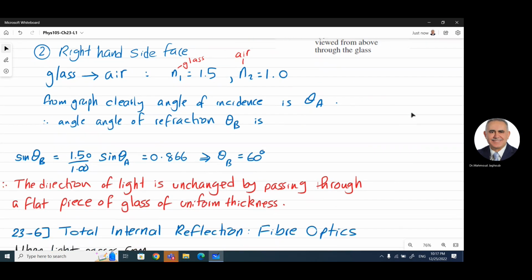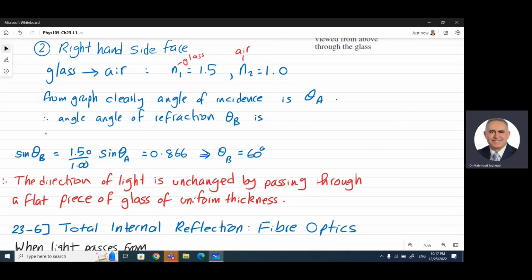Okay. So it turns out that sine theta B, now just apply N1 sine theta 1 must be equal to N2 sine theta 2. N1 is for what now?